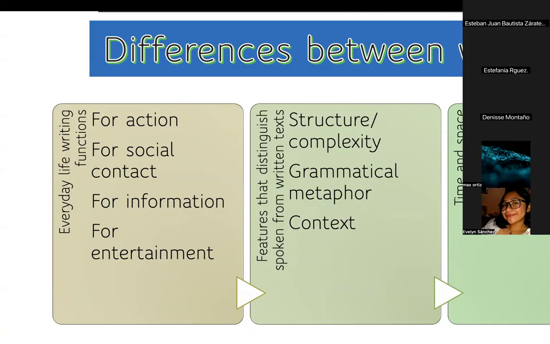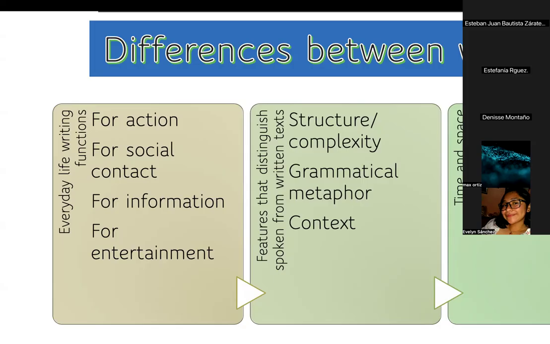And at the same time, it is also for social contact. Why? Because you are asking that interlocutor, that reader, not only to do something, but probably to reflect about the action you are asking to do, obviously based on a piece of information you are providing.